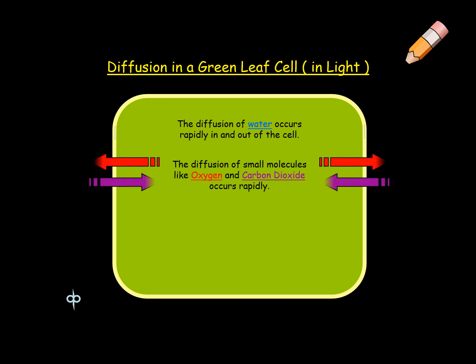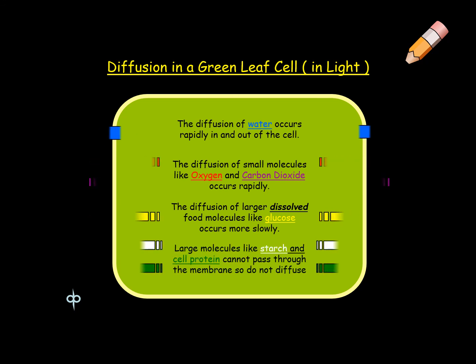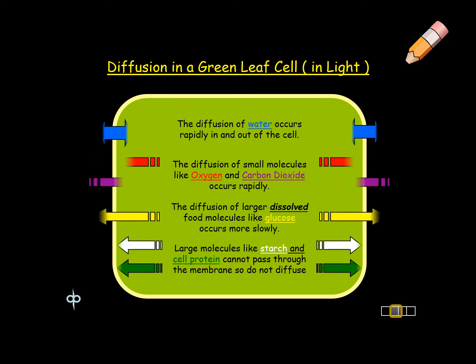The diffusion of small molecules like oxygen and carbon dioxide occurs rapidly, but this time you'll see the carbon dioxide's coming in and the oxygen's going out because of photosynthesis. Then the diffusion of larger dissolved food molecules like glucose occurs more slowly, and large molecules like starch and cell proteins cannot pass through the cell membrane because they're too big, so they cannot diffuse.